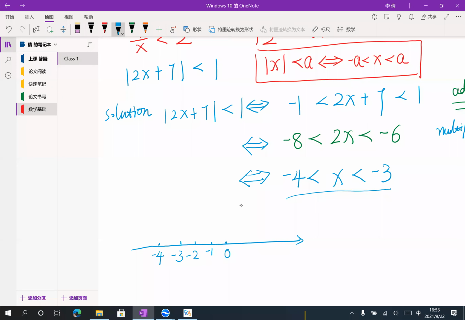And minus 3 and minus 4 are not solutions for this inequality, so we draw an open circle on minus 3 and minus 4, and all the numbers between minus 4 and minus 3 are the solution for this inequality. So we draw a line between these.